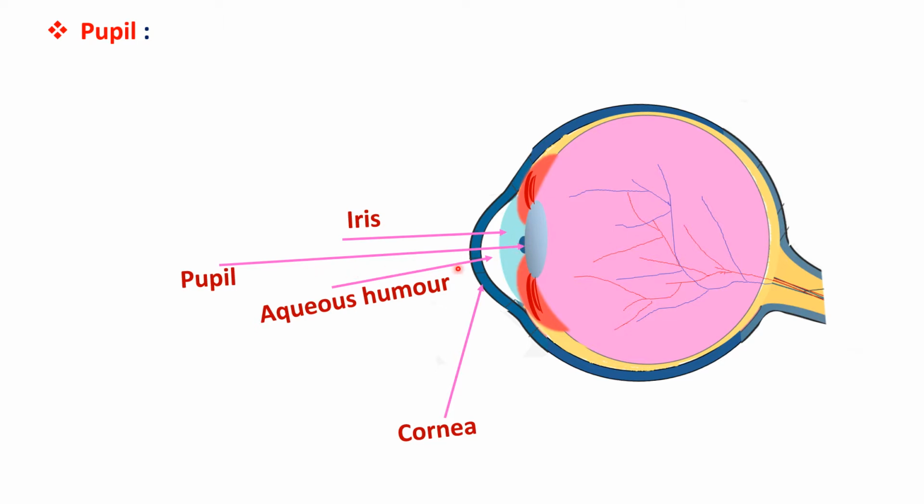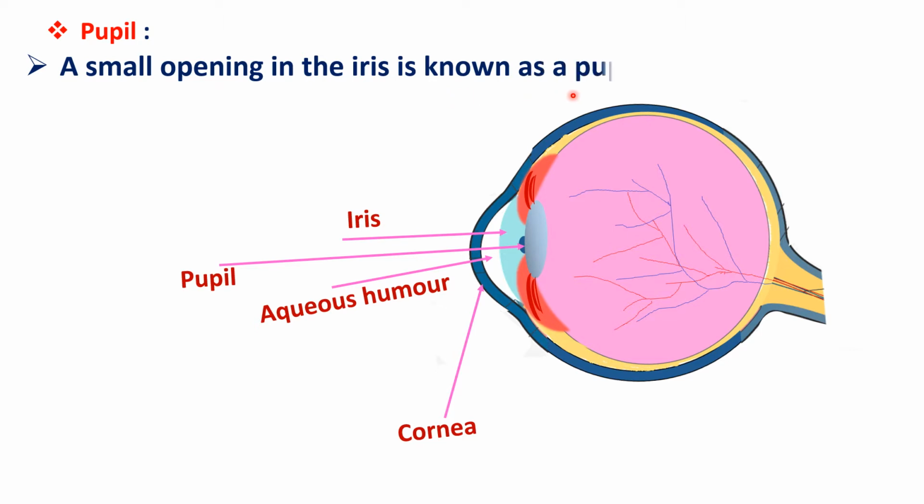Light enters through pupil, and the amount of light is controlled by the size of the pupil, and this size will again be controlled by the iris. A small opening in the iris is known as a pupil.